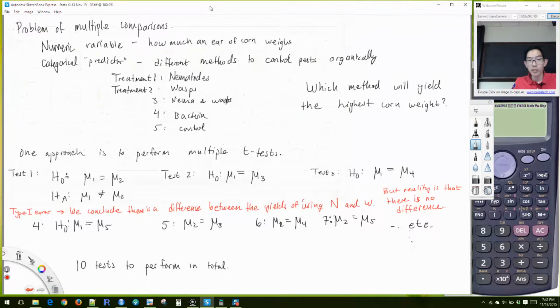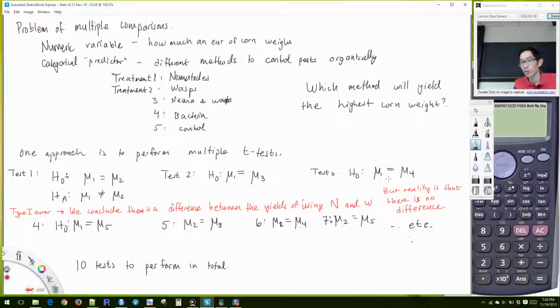What is the probability of committing a type 1 error? Alpha. Okay, so let's say we use alpha equal to 5%. What's the probability we commit a type 1 error with test 1? 5%, right? Not a trick question. Okay. What's the probability I commit a type 1 error with test 2? Also 5%, right? Okay.